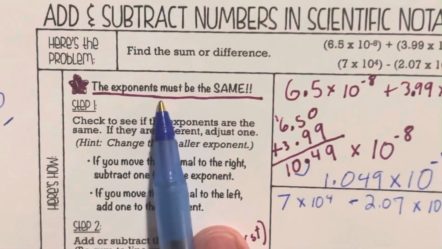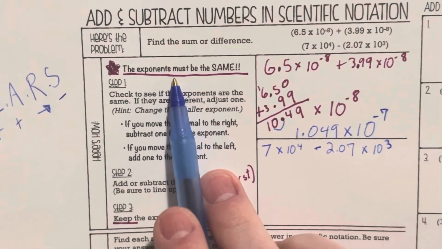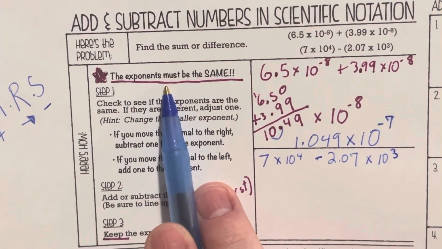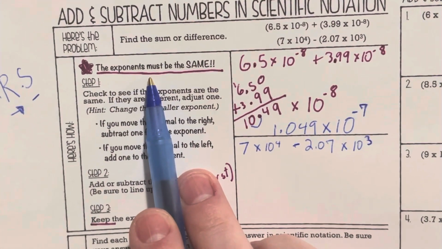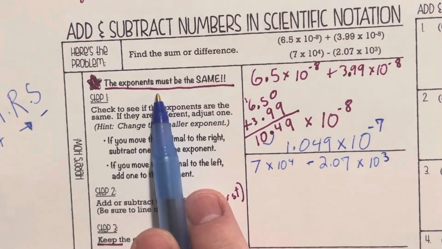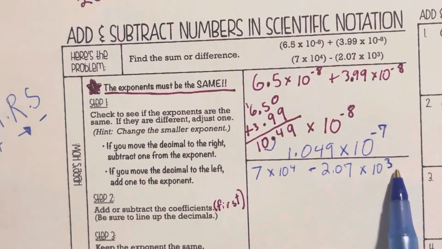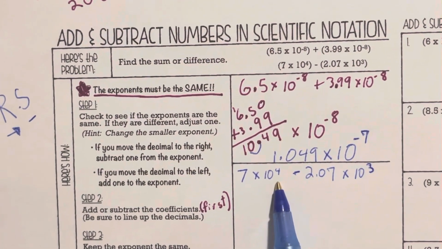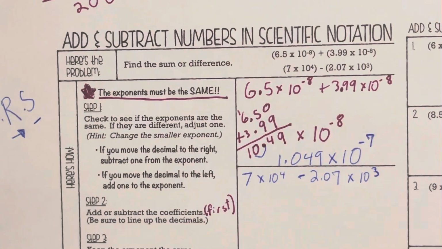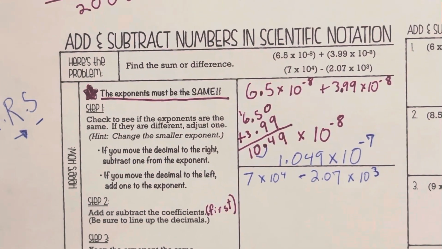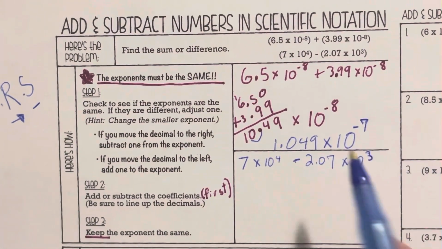Our first rule, we have to make sure that the exponents are the same before we start adding or subtracting. Now, because it's me, I always like to take the smallest exponent and make it bigger to match the bigger exponent. Could we go the other way? We sure could. But I like this way because I think it's easier.